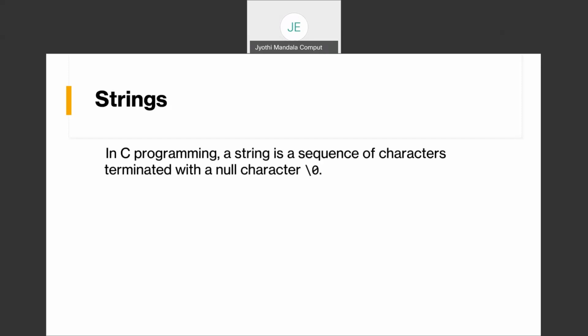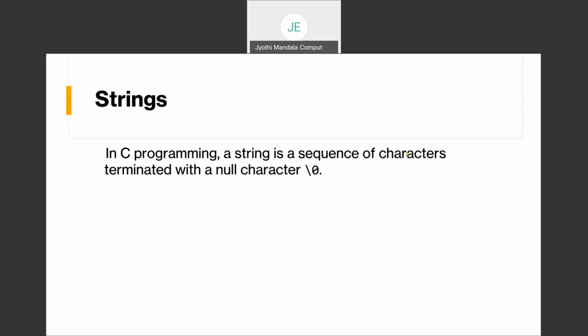An array is a collection of homogeneous data type elements. Now, if all the values you are storing in an array are of character data type, then that array is referred to as a string. So you can define a string as a sequence of characters.